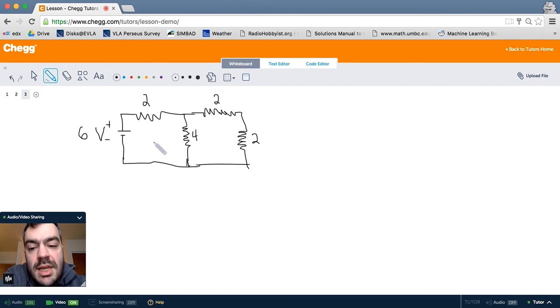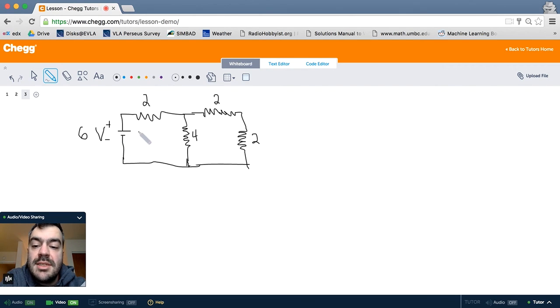So what that means is that whenever we hook up this circuit, there's going to be a current flowing through all of these components. And whatever current flows through the 2 ohm resistor must flow through either this resistor or this pair of resistors in order to make its way back to the battery.